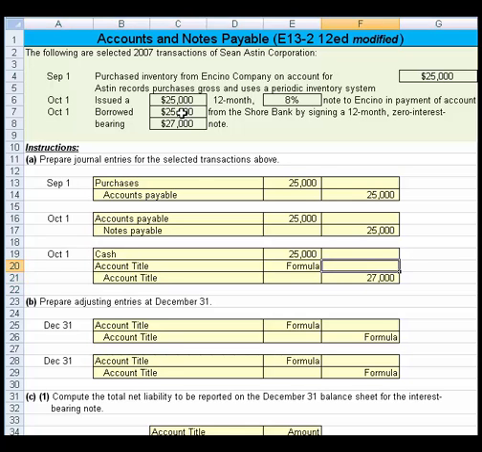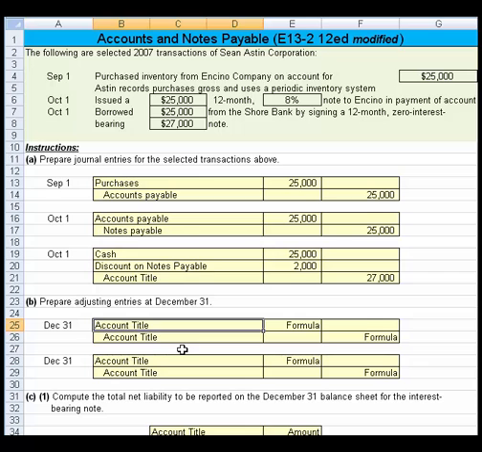So what happens is essentially we need to record a discount on the note payable, because at the time that we took out the loan, we don't record any interest expense at that point, but we do record the discount, and the discount would be the difference between the amount of cash we got and the note we signed for. Okay, so we've got $2,000 and we're in balance.